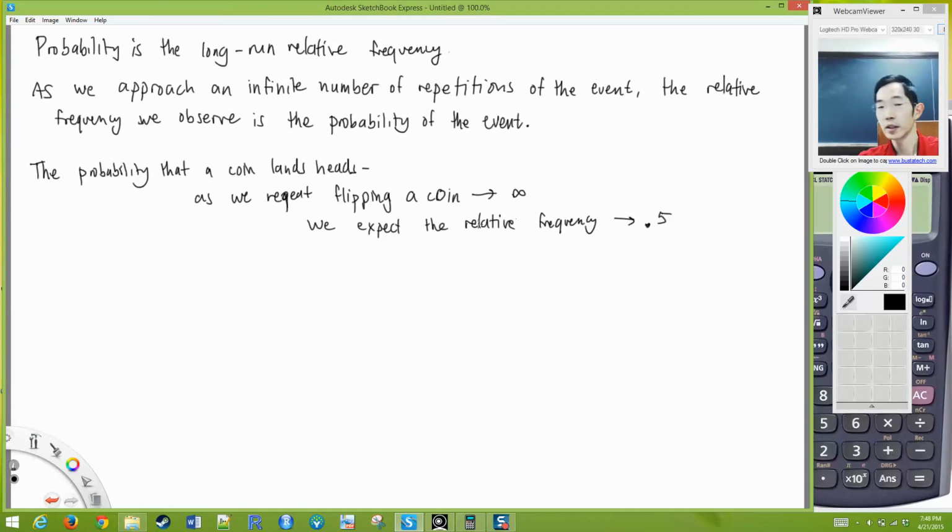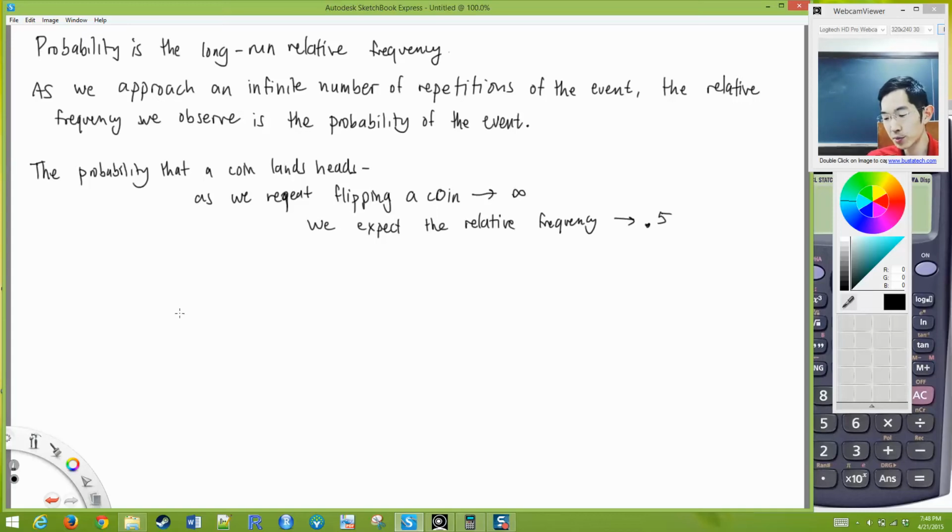So that's what we mean by probability. As you do something close to an infinite number of times, the relative frequency should be the probability.